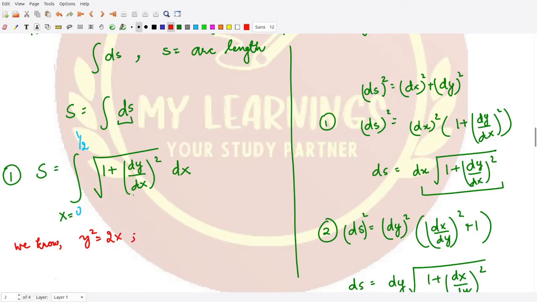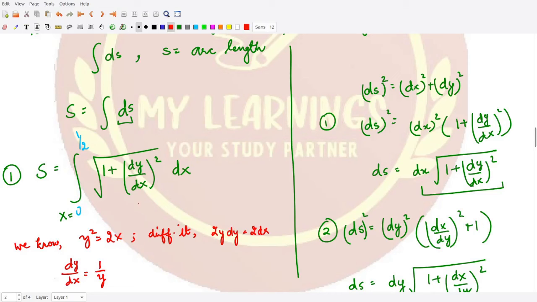Now we want dy/dx, so we will differentiate it. Differentiating it, we obtain 2y dy is equal to 2dx. Now we want dy/dx. So from here dy/dx is equal to 2 and 2 cancel out, so dy/dx is 1 upon y.